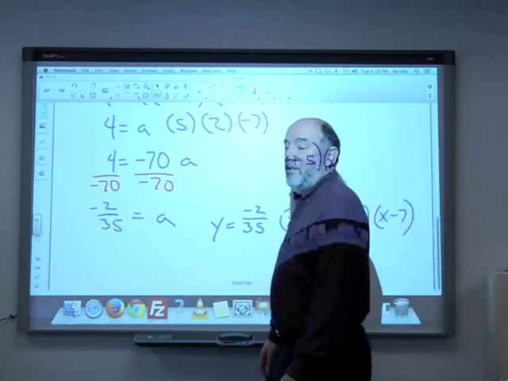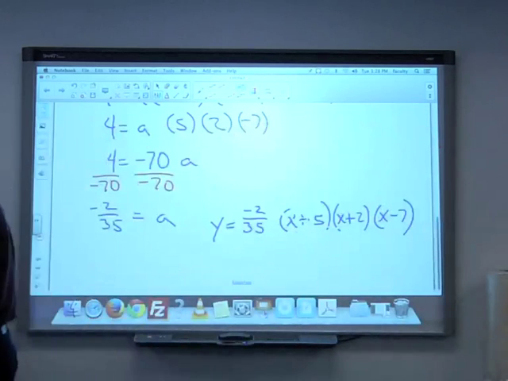That would be the equation of a third degree polynomial that matches that information. Any questions about that process? No.